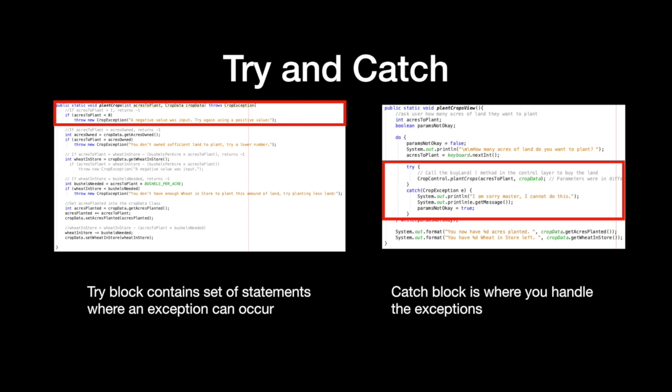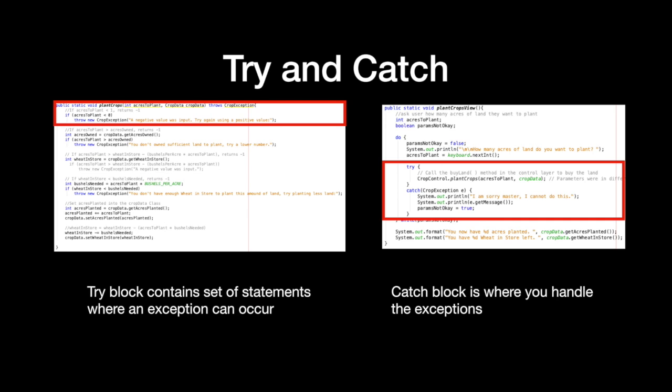The catch block contains all the methods or steps or lines of code that the program will execute if we get any exception from the try block. For example, in this case, when we have the plant crops view and we get the exception, we get the message, "Oh, sorry, we can't do this," which is the message that we declare in the catch section in the class, and it displays that message so the user knows what to do.